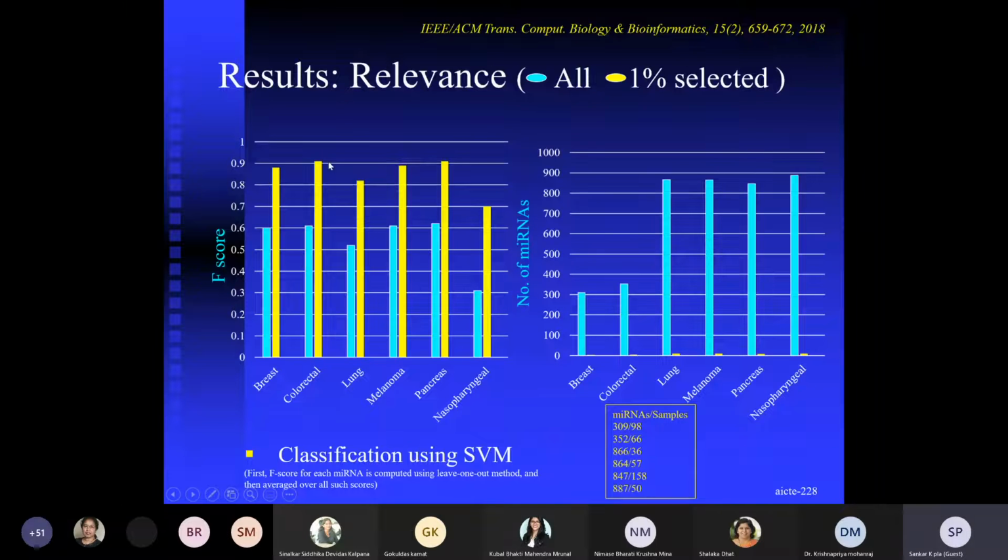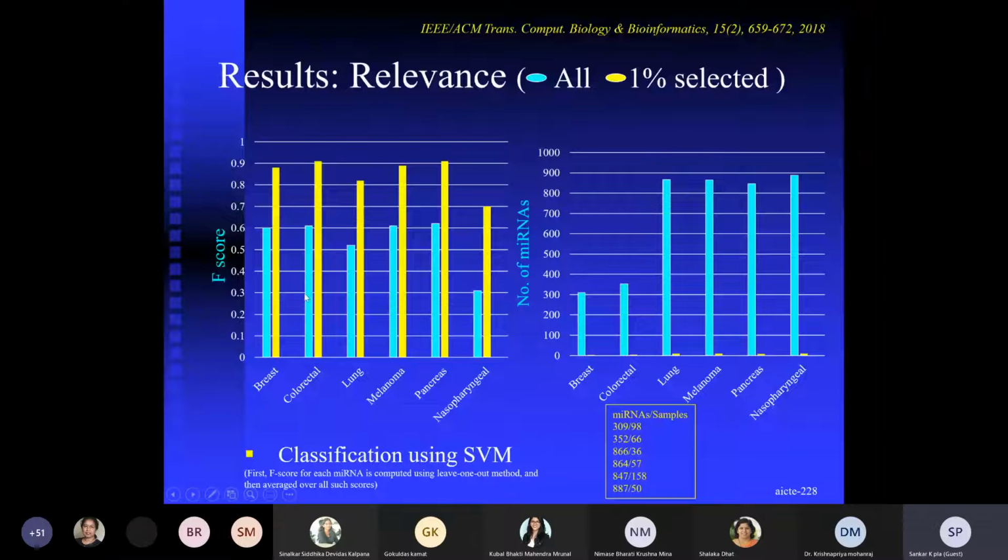Very interesting results. And we use this with SVM, a very good standard classifier. What we do first is compute the F score for each microRNA using the leave-one-out method, and then average over all such scores. That's how we compute it for each microRNA. Now you see a very interesting result.